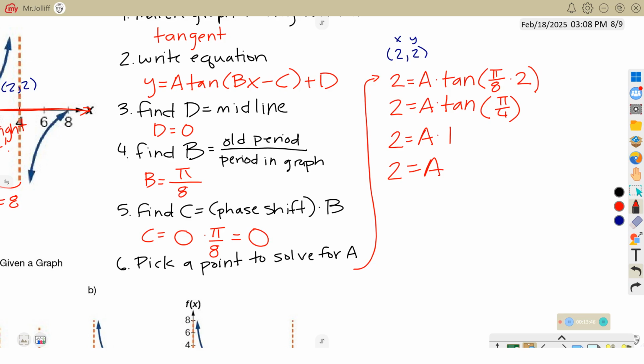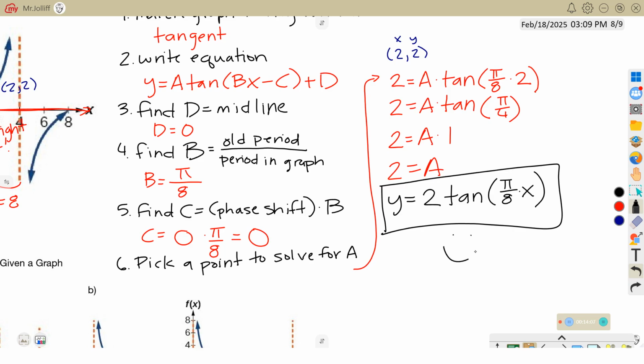That's it. Now we just substitute everything in. I go back. Y equals, I now know my A is 2. Tan, my B is pi over 8 times X. I have no C, I have no D. It is those same steps every time.